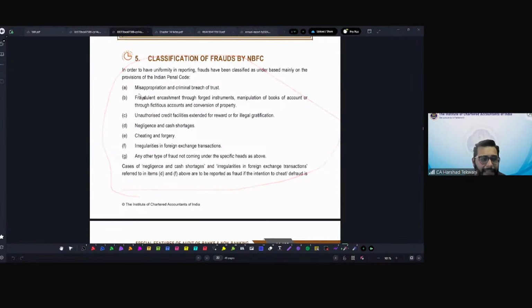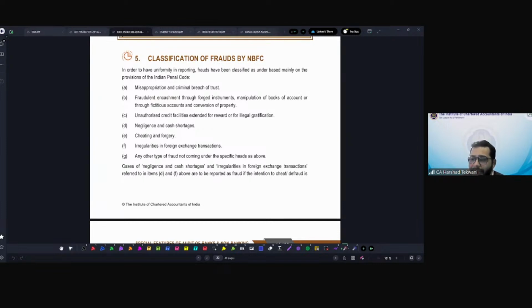These are the categories: misappropriation and criminal breach of trust, fraudulent encashment, unauthorized credit facilities, negligence and cash shortages, cheating and forgery, irregularities in foreign exchange, and other types of frauds. If there are these frauds, then the NBFC has to classify the frauds in these categories, and they have to report them.